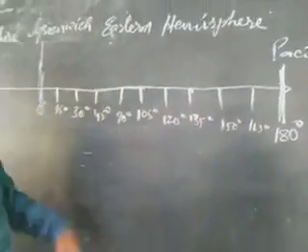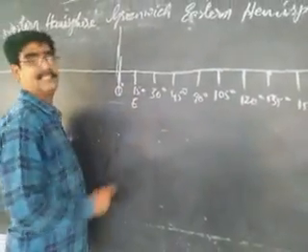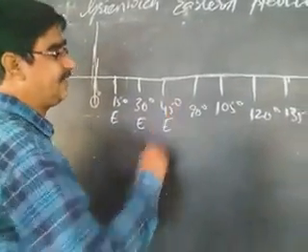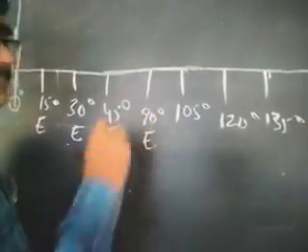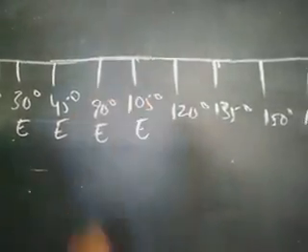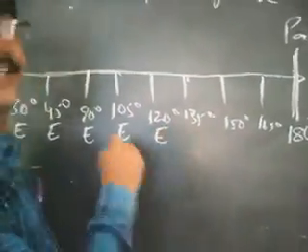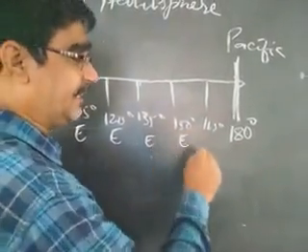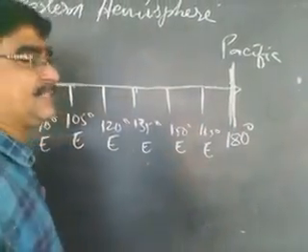These are eastern longitudes. 15 degrees east, 30 degrees east, 45 degrees east, 90 degrees east, 105 degrees east, 120 degrees east, 135 degrees east, 150 degrees east, 165 degrees east.